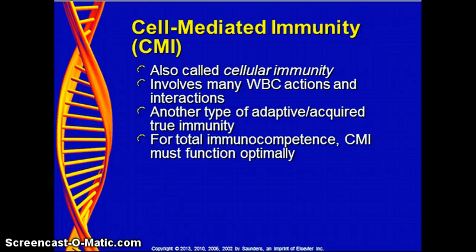There are also cytotoxic T cells that just work on the specific antigen and they destroy it. So when you think about cytotoxic, think toxic and recognize that they do in fact just kill that bacteria or antigen. Cytotoxic T's are very good when it comes to fighting off parasites, viruses, and protozoa.